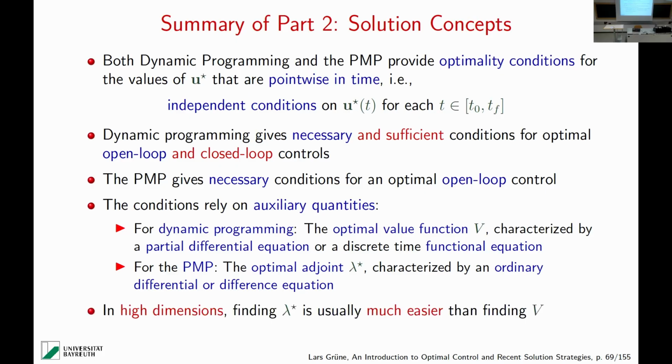And something I would like to stress, and I will stress this even more in the next part of this course, is that in high dimension, finding this lambda star is usually much easier than finding V. Why is that? Because lambda star is always a function in one dimension mapping to R^n. So if n becomes larger, then only the image space of this lambda gets larger. It's always a function of t. It's never a function of something higher dimensional.